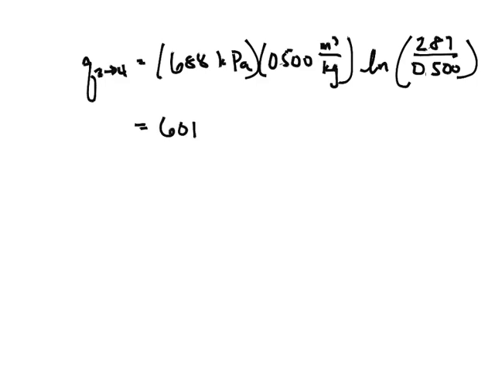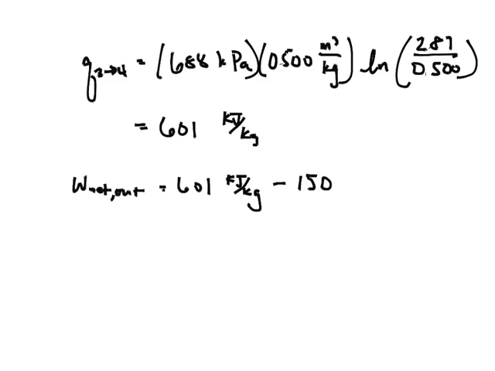And when we calculate that out, we get 601 kilojoules per kilogram. So now we can calculate our net work out. We calculate that to be 601 kilojoules per kilogram, 3 to 4, minus that heat rejected from 1 to 2, 150 kilojoules per kilogram, and we end up with a net work out of 451 kilojoules per kilogram.